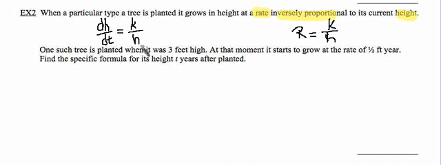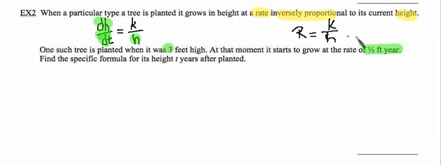And then the rest of the text here gives us some information to start with. When the tree is planted, it initially is 3 feet tall, and at that very moment when it is 3 feet tall, it is growing at a rate of 1/2 foot per year. So the 1/2 foot per year is the rate, and the height is that right there.